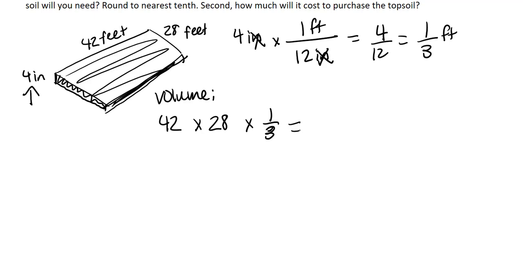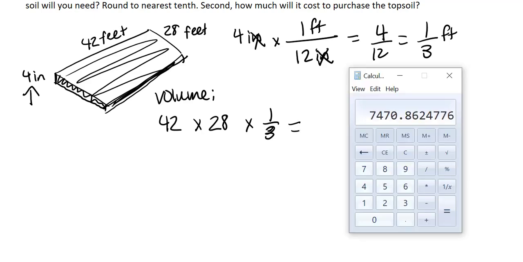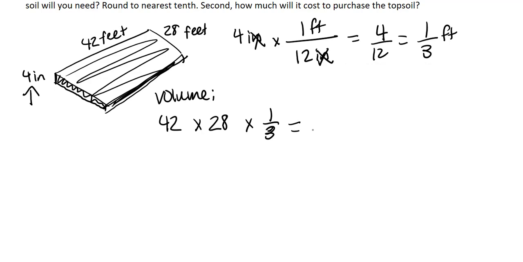So what does this all become? Well, let's just get the calculator out. 42 times 28 equals, and then we'll just divide it by 3. So we get 392. And what's that? Well, that's feet cubed, because this was feet, this was feet, and this was feet.